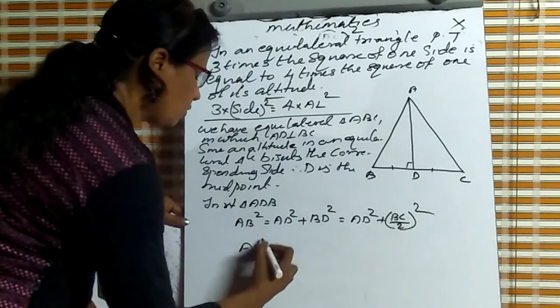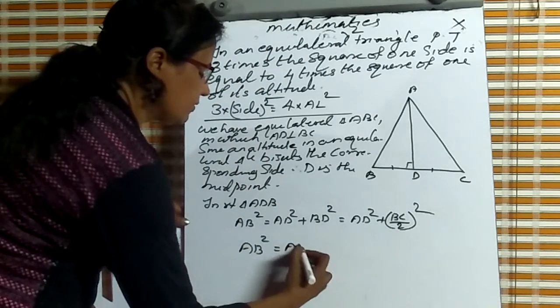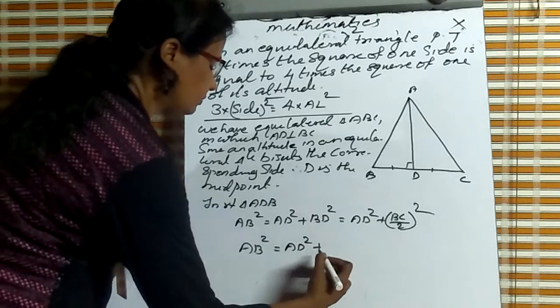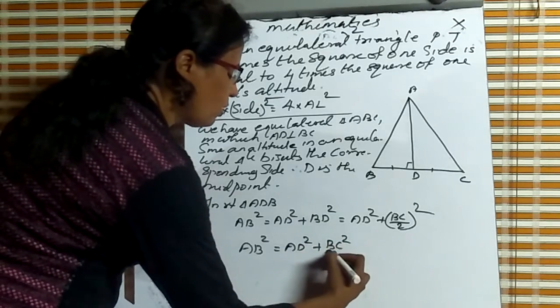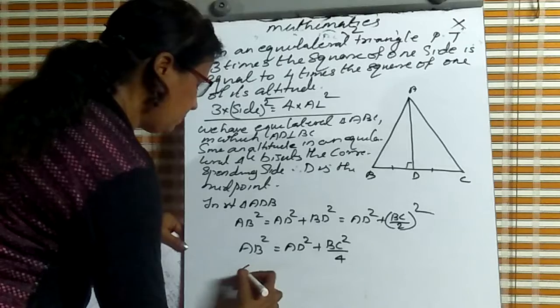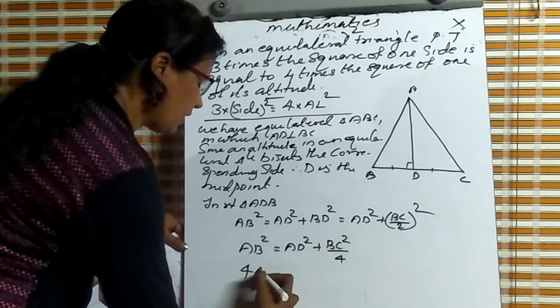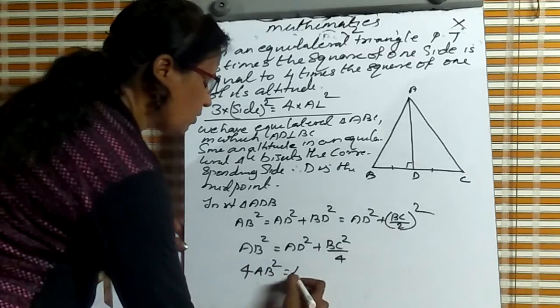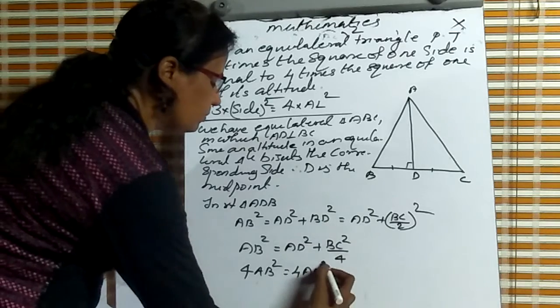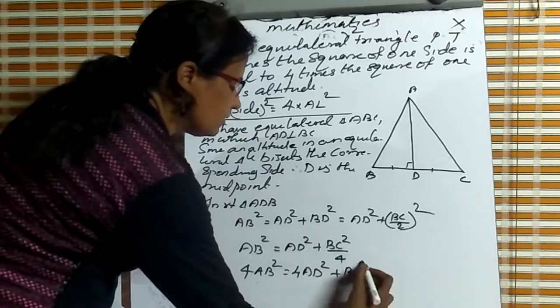That is AB square is equal to AD square plus BC square by 4. Multiplying throughout by 4, 4AB square is equal to 4AD square plus BC square.